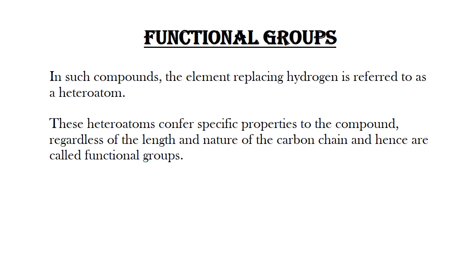The atoms which substitute hydrogen or replace hydrogen in a hydrocarbon are called heteroatoms. These heteroatoms give specific properties to the compound, irrespective of the hydrocarbon part. That is, irrespective of the number of carbon atoms and hydrogen atoms in the compound. So the properties of the compound now depend on these heteroatoms, which are referred to as functional groups.